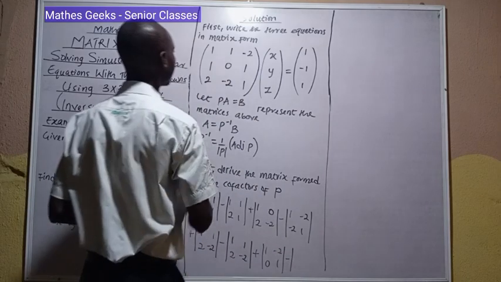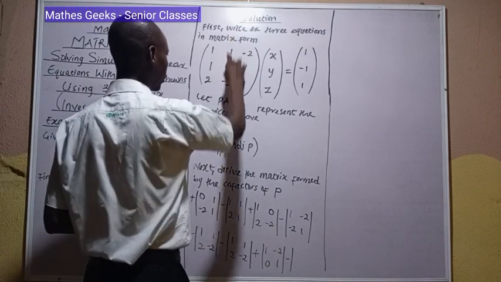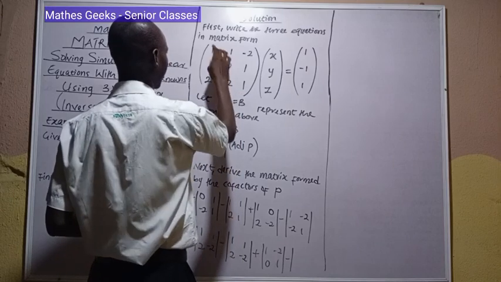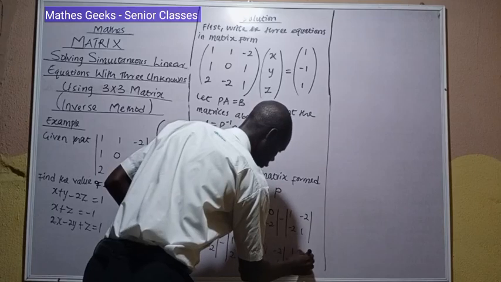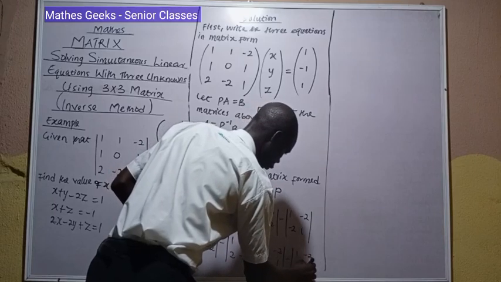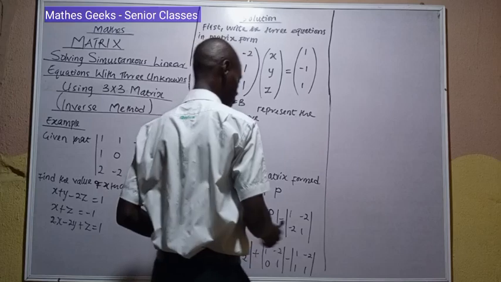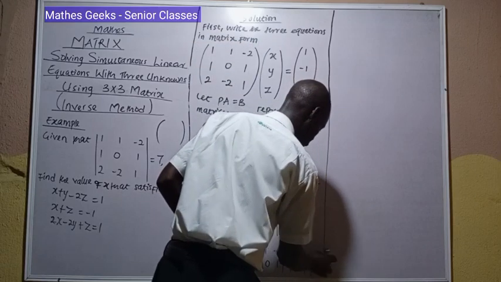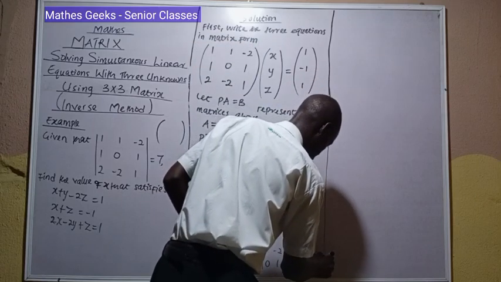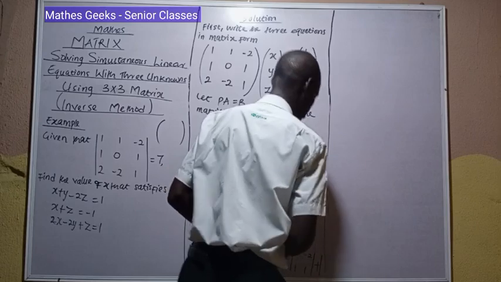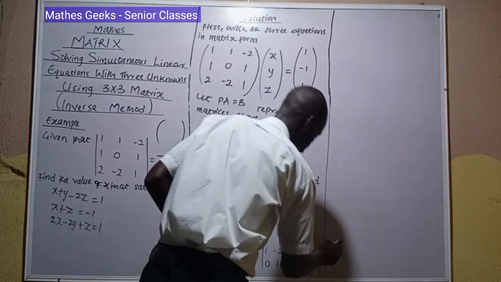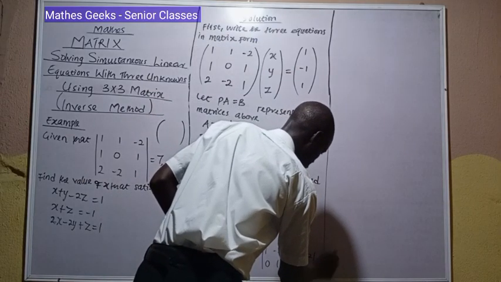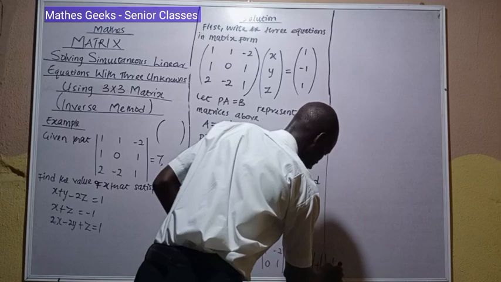Minus, third row, second column, with 1, minus 2, 1, 1. Plus, third row, third column, with 1, 1, 1, 0.